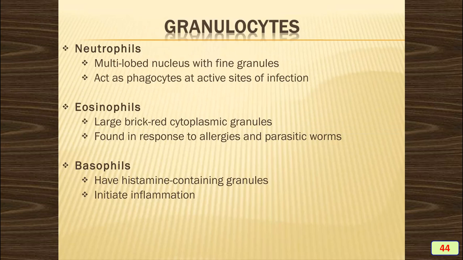Eosinophils and basophils are also similar types of granules. They have certain shells which contain the granules as per their storage capacity, etc.